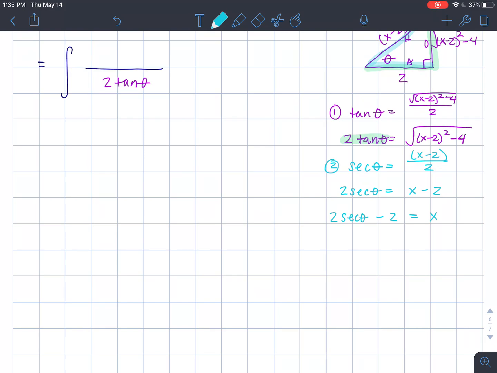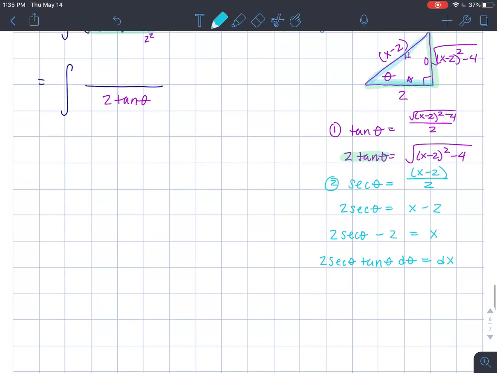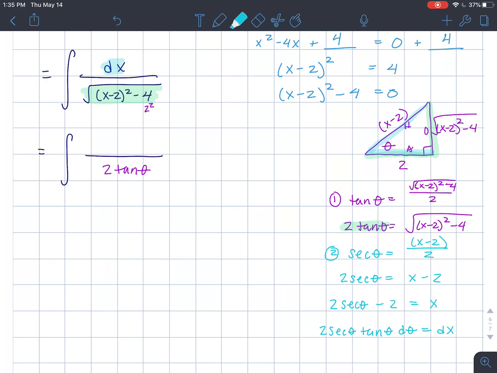Okay, so now to find our dx, take the derivative of both sides. This becomes 2 secant of theta tangent of theta d theta is going to be equal to dx, because the derivative of that constant 2 is just 0. So we're going to go ahead and replace this stuff with this stuff. So we're going to get 2 secant of theta tangent of theta d theta.